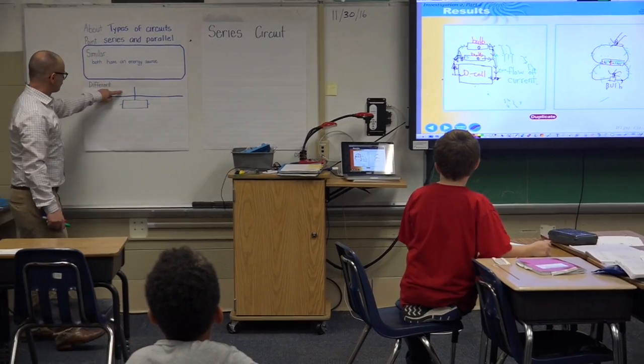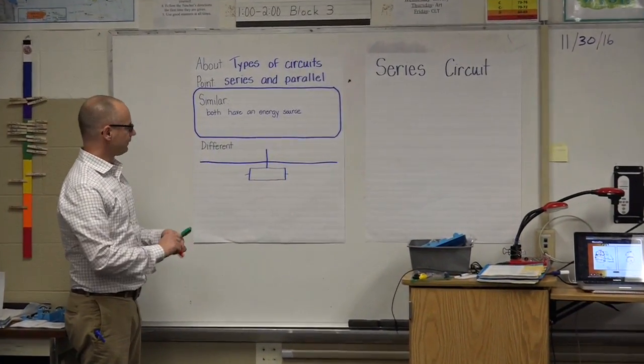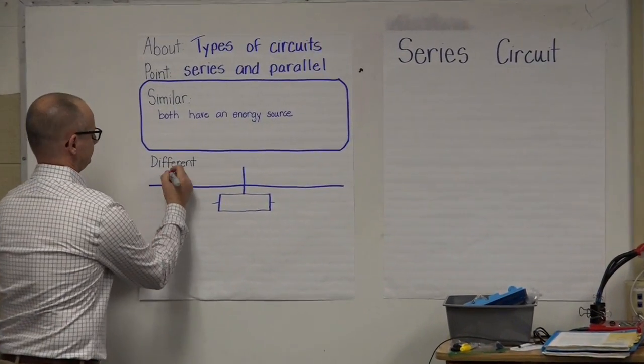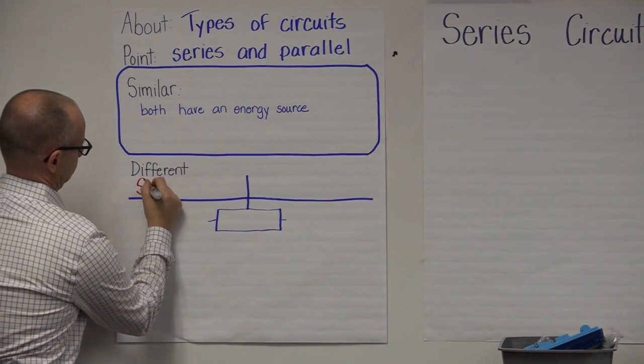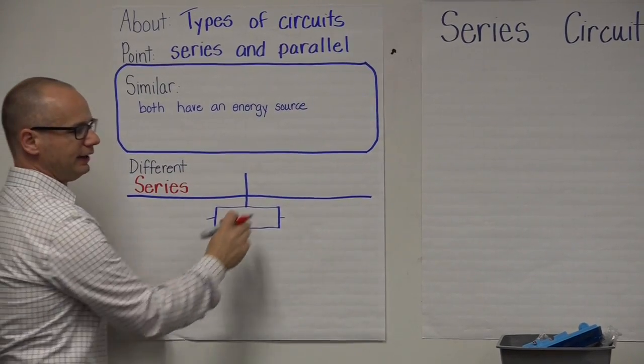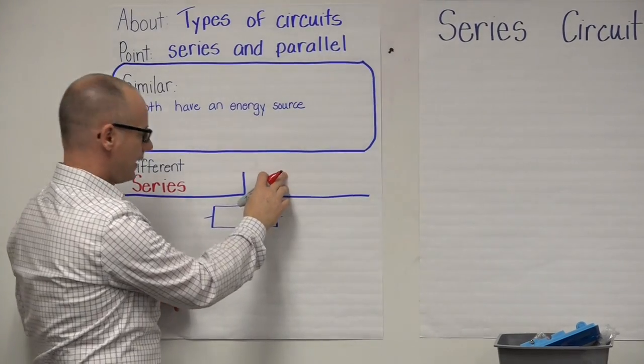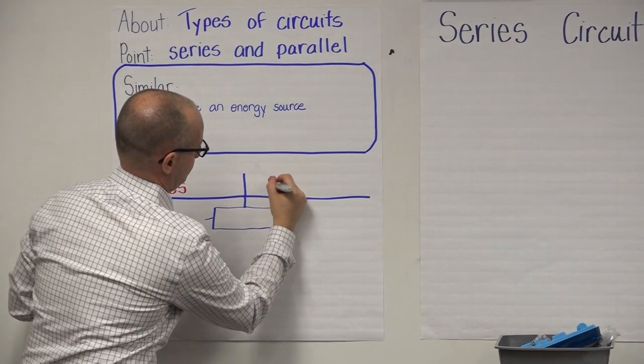In this first box, on the left-hand side, we're going to write the word series. And on the right-hand side, what do you think we're going to write? Parallel.